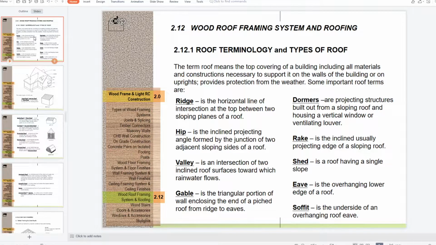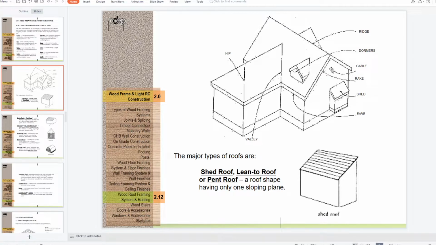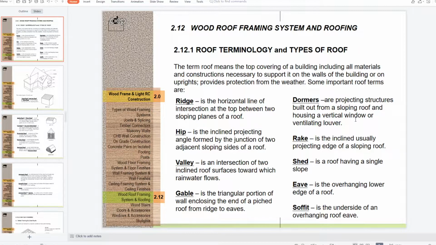Then the next one is gable. So is the triangular portion of wall enclosing the end of pitch roof from ridge to eaves. Gable. So amo siya ang gable naton, amo yung ginatudlo sa araw. Then the next is dormers.